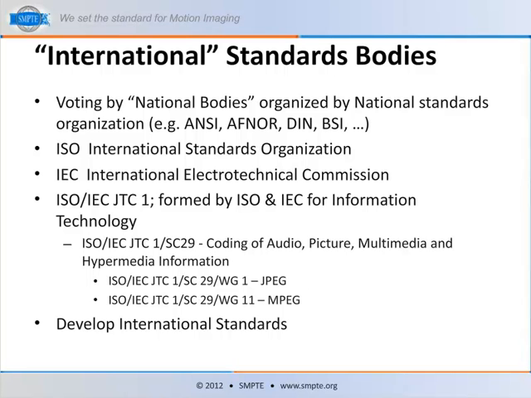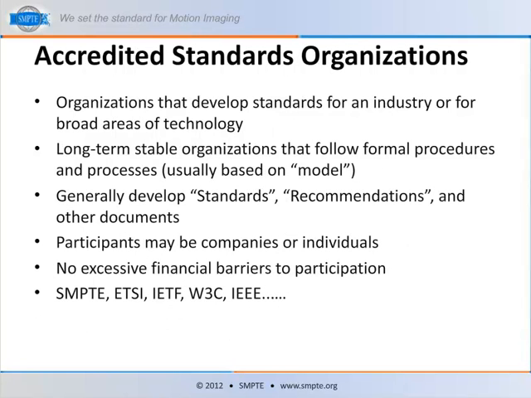And here the members are countries again, but rather than directly the administrations, they are national bodies set up by a national organization such as ANSI in the United States, AFNOR in France, DIN in Germany, and so on. Each country gets one vote, and the national body determines what that vote will be, and they develop international standards.